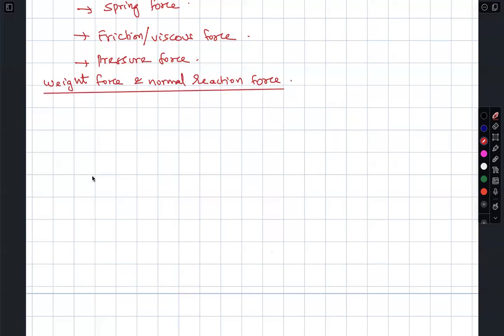Now imagine this is some floor like this, and you have a block like this.